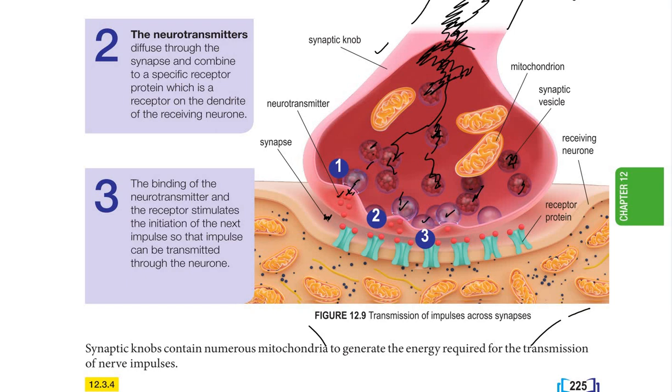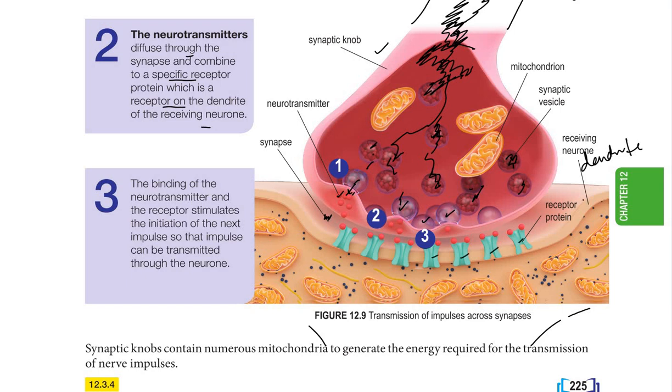Then what happened? The neurotransmitter diffuses through the synapse and combines with a specific receptor protein on the dendrite of the receiving neuron. So here is the dendrite of the receiving neuron, which contains the protein receptor.